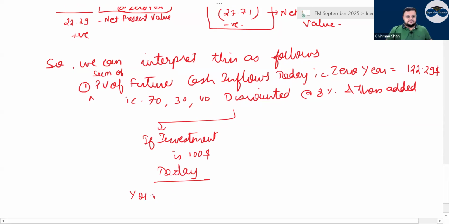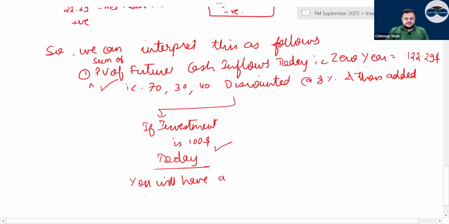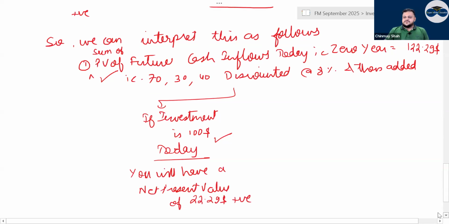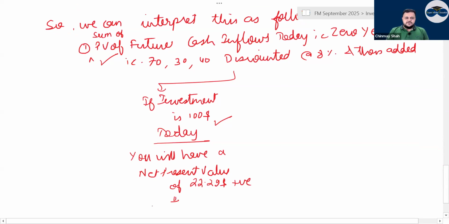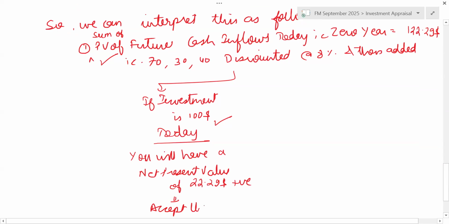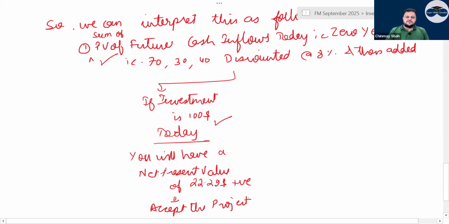Look, what does net mean? This is positive, this is negative, correct? You will have a net present value of $22.29. Positive means accept the project or reject the project? Accept the project. I'm getting a higher value than the investment that I'm putting up.